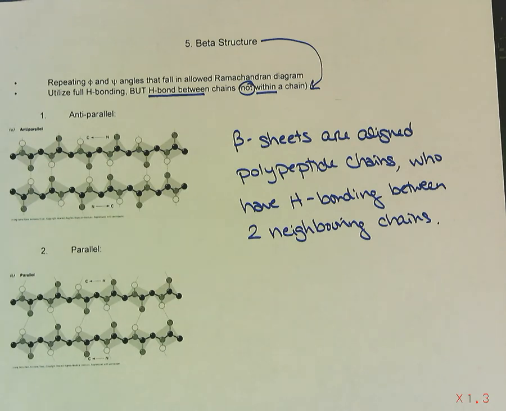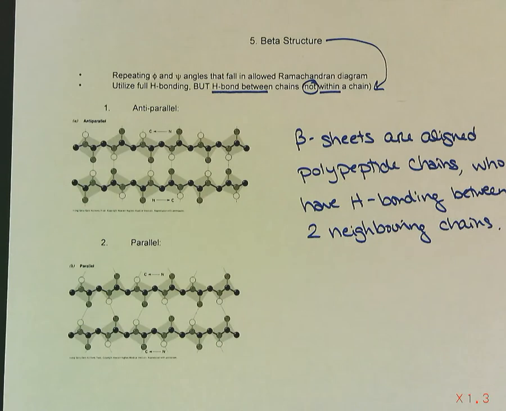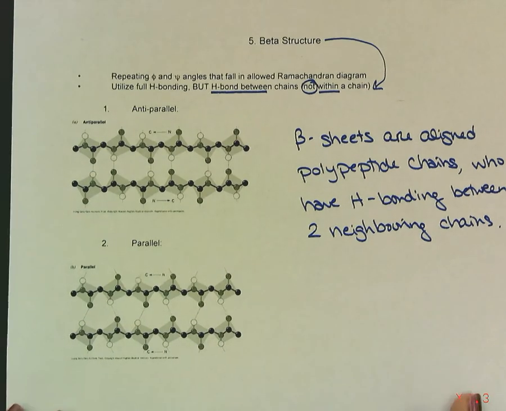There are two ways we can make a beta pleated sheet with my two chains. I can make them either anti-parallel or I can make them parallel.